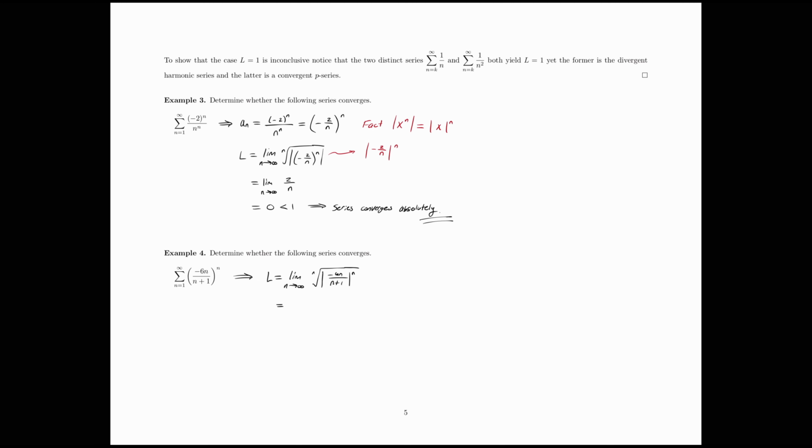Then simplifying this, the nth root will cancel with this being raised to the nth power. So we'll have just 6n over n plus 1. And this limit here, we'll take the ratio of the dominating terms. So that's 6n over n, which is 6, which is bigger than 1, so the series actually diverges.